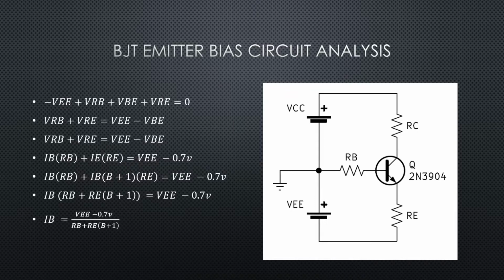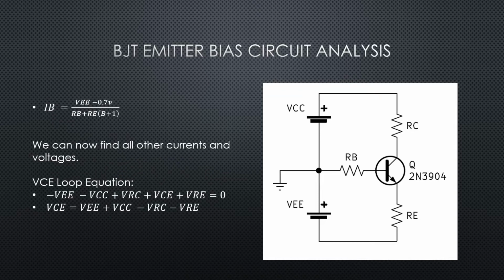So if we start our loop equation in the bottom left of the schematic, we go up through VEE, we get a minus VEE, we've got a plus VRB, plus VBE, and plus VRE. And that is our Kirchhoff loop equation. We just write it right around that bottom loop right there, and we can now derive the base current.